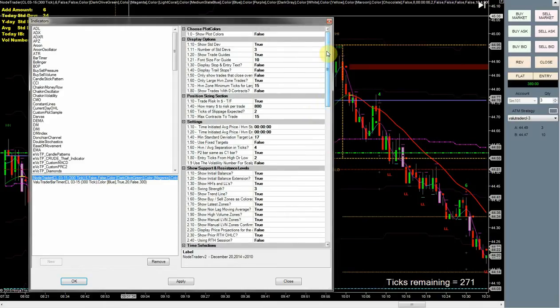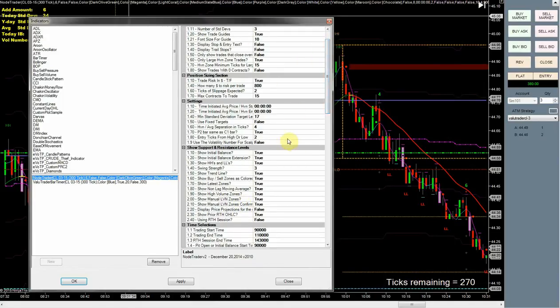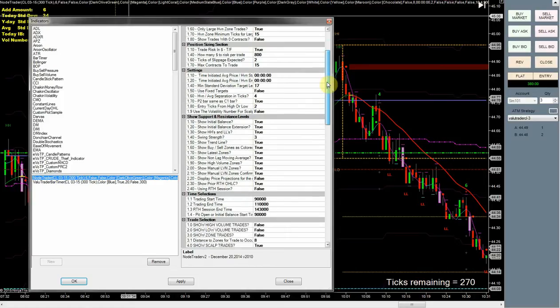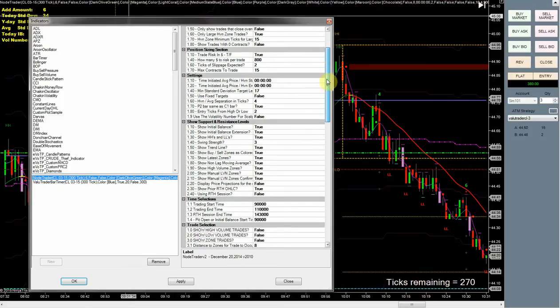In the training, they do go over what each and every one of these things means. So right now it might look overwhelming, but once you go through the trainings, it'll all make sense to you. This is why it took me so long to get to this introduction for this system, because there was so much for me to get through.